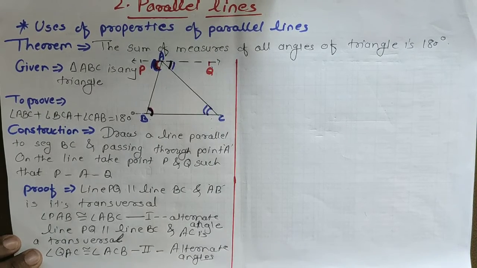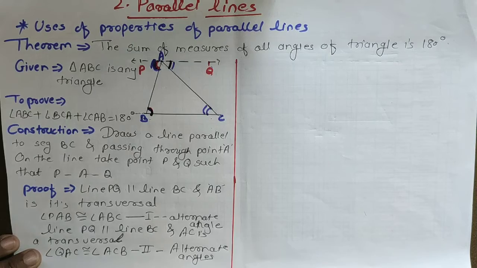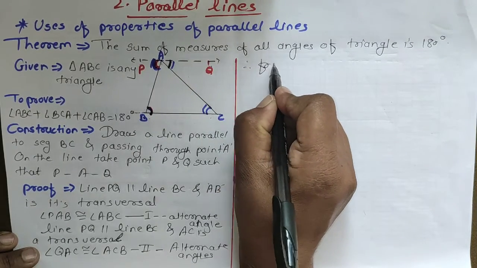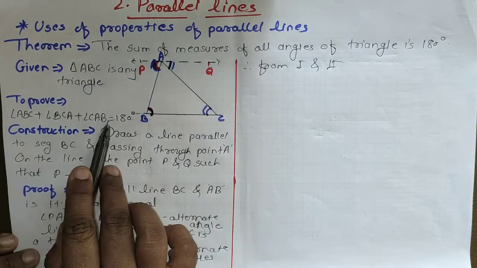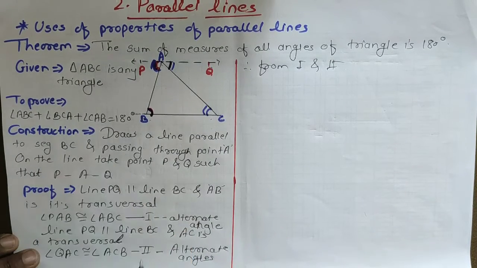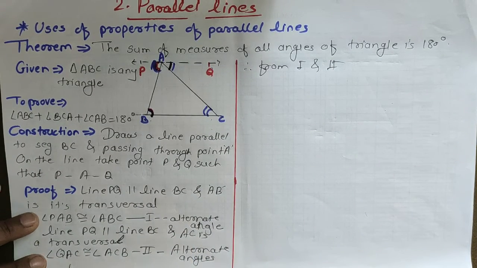Okay, now what do we have to do? Therefore, from 1 and 2, we have to add these angles. The same thing we will do: we will add the first and second statements.